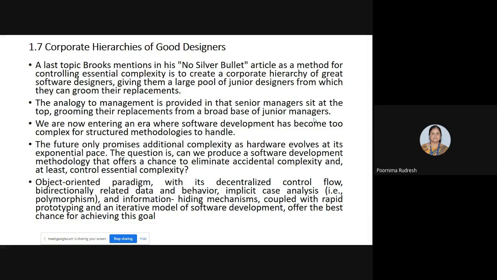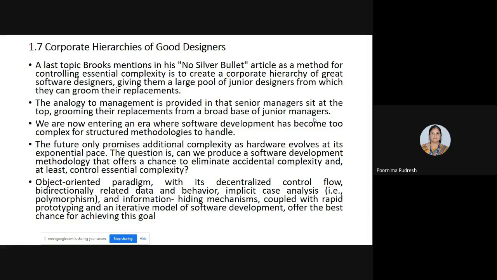For each manager, we allocate a group of junior managers, and these junior managers work according to the senior managers. Or if you consider a group of software engineers, at the top we have the great software engineers, below them the junior designers, who work according to the senior software designers.